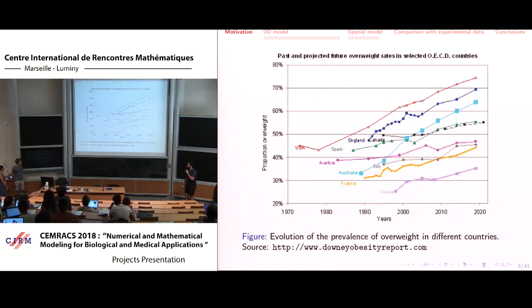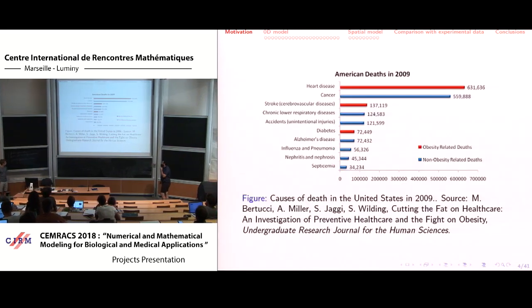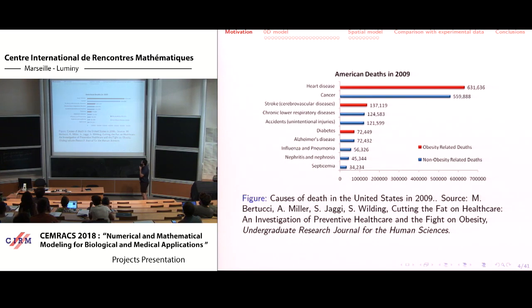Well, that would not be a problem if obesity and overweight were not related to more disease and death. Here are the causes of death in the United States. In red, you see the ones that are related to obesity. You can see that it is not negligible at all. So that's why we want to study the dynamic of adipocytes.